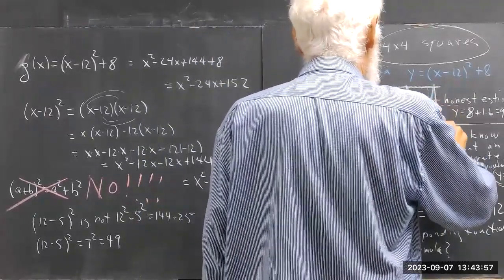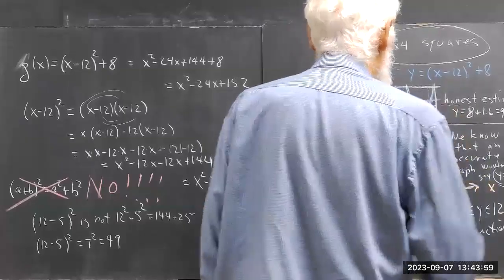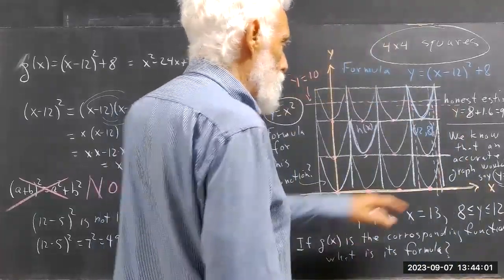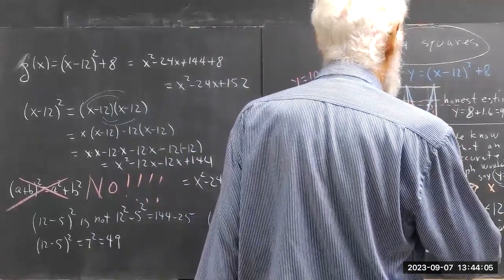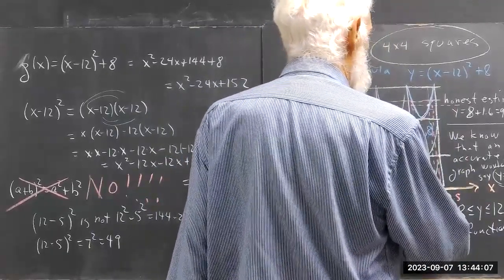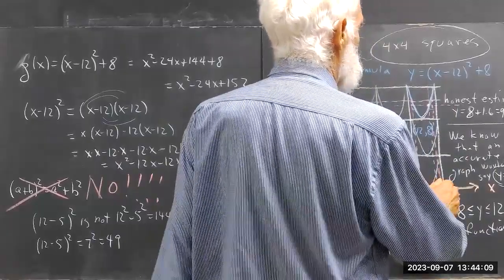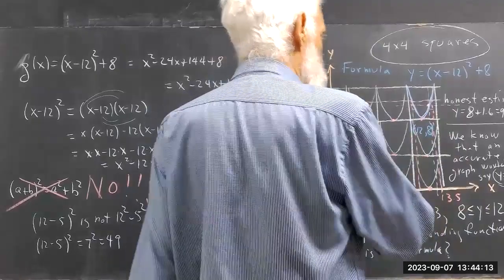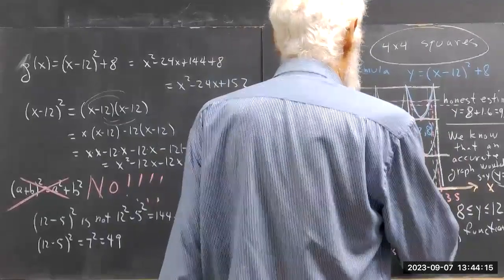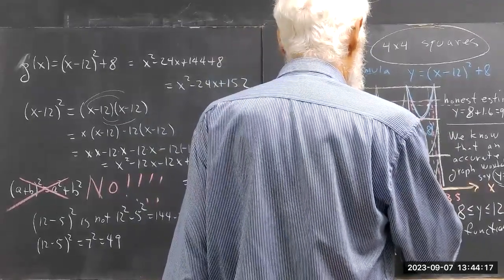Down here, and down here. Now this is 13. This might be 13.5. And if this is half a unit from this side, this should be half a unit from this side because of the symmetry, so this should be 10.5.